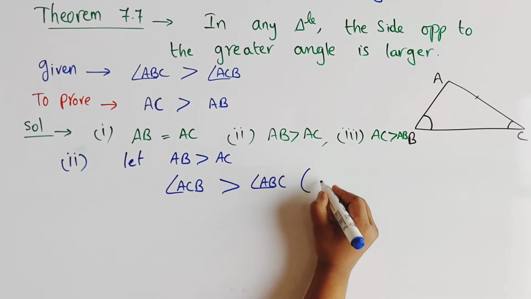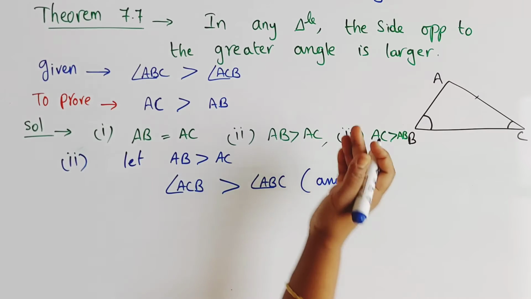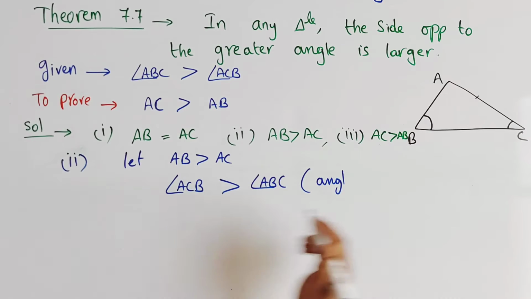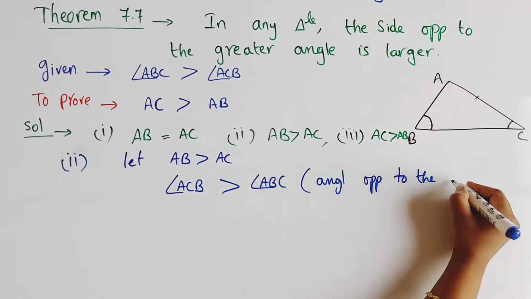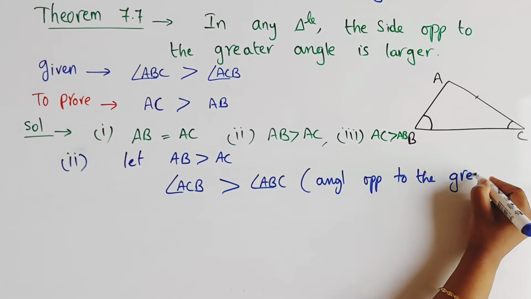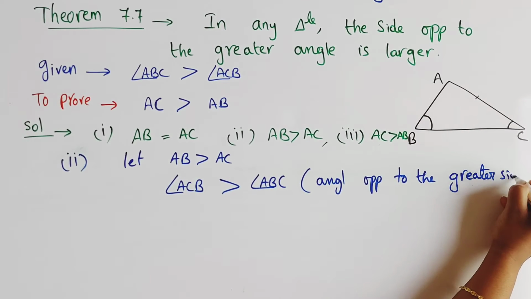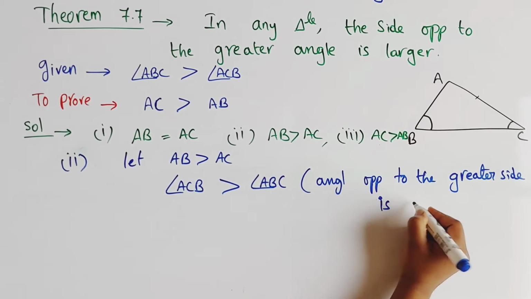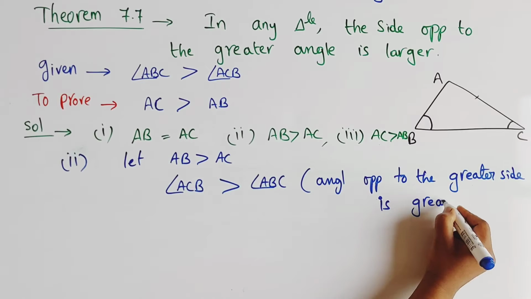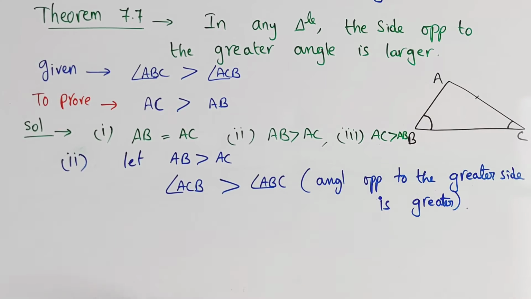What is the reason, children? We have already proved in the previous theorem that the angle opposite to the greater side is the greater angle. Correct, children?